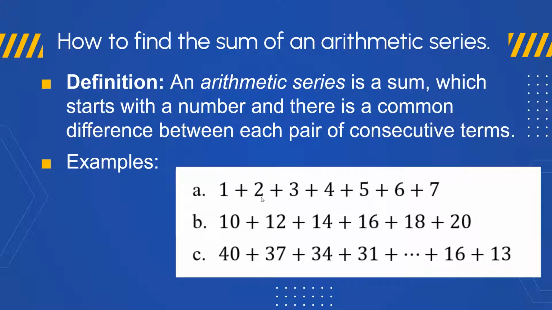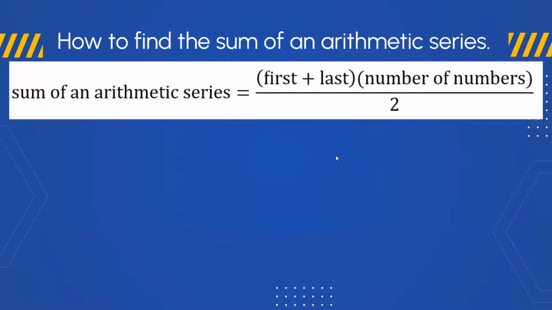Here are three examples. This one starts with 1 and has a common difference of 1. This one starts with 10 and has a common difference of 2. This one starts with 40 and has a common difference of -3. These are arithmetic series. How do you find the sum?